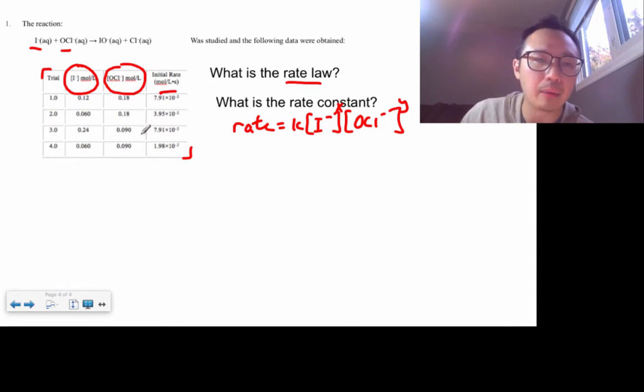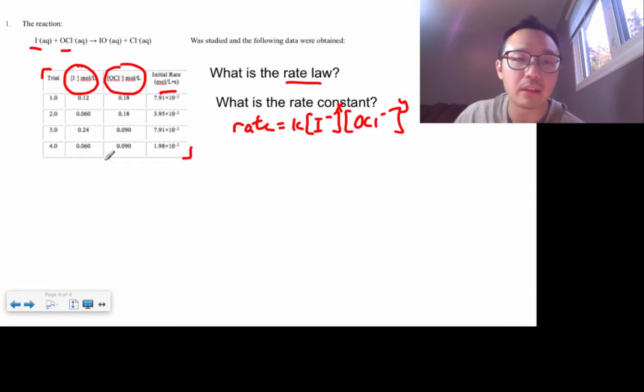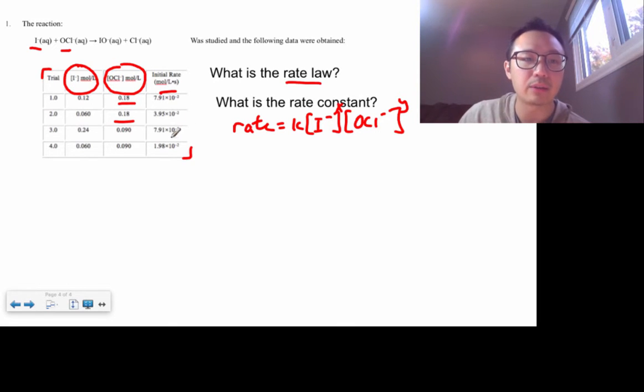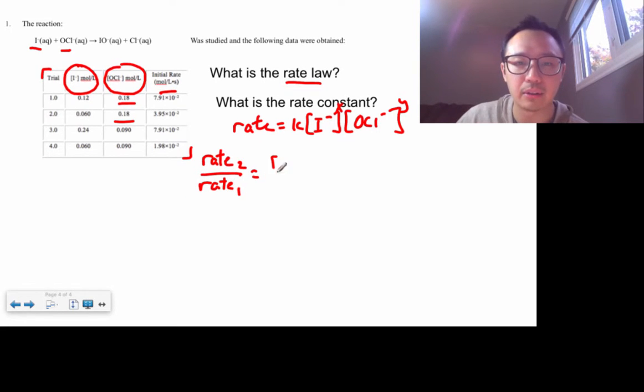So again, I'm just going to go through these 4 trials and find 2 trials where one is kept constant. And you can see that in trials 1 and 2, the OCl minus ion is constant while the other one is changing. So I'm going to use that. So I'm going to go rate of trial 2 divided by rate of trial 1 is equal to the concentration of I minus of 2 divided by I minus of 1.